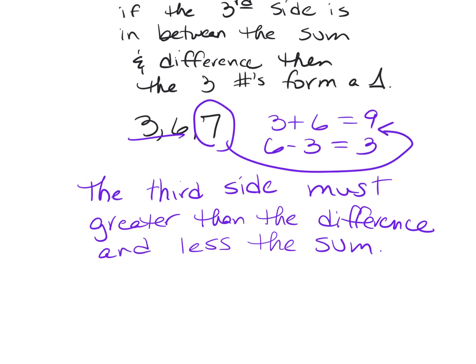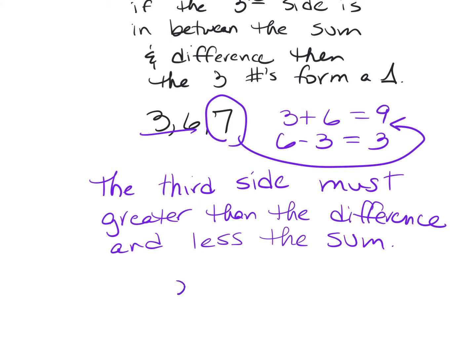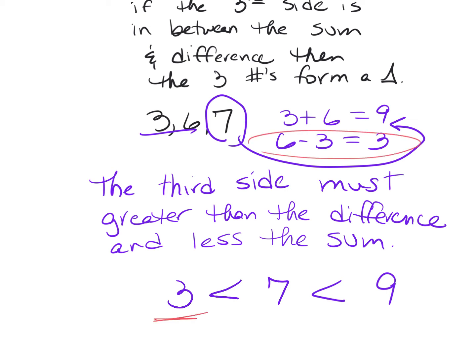So for example, 3 was the difference, and 9 was the sum. So 7, the third side, is greater than the difference, but less than the sum. So because 7 falls in between 3 and 9, those three numbers, 3, 6, and 7, will form a triangle using this triangle inequality theorem.